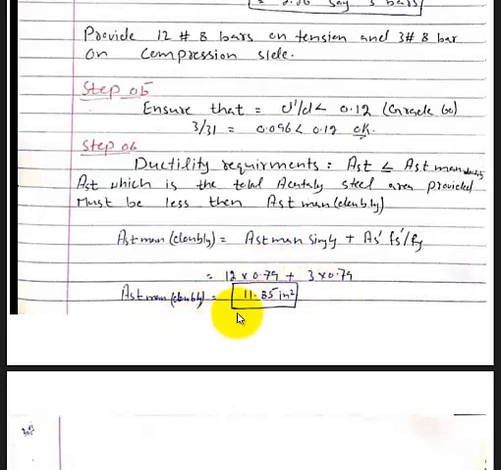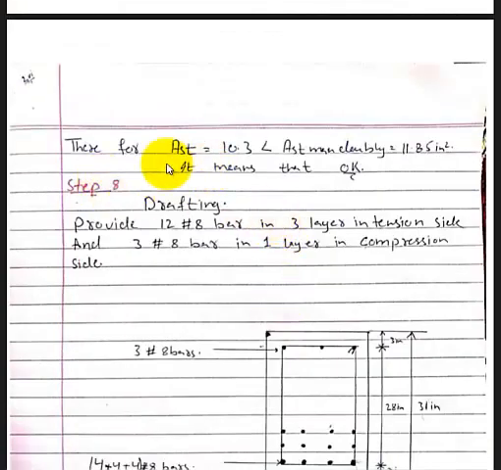So AST maximum doubly is 11.85 inch square. Now, therefore, AST is 10.3 and AST maximum doubly is 11.85. This area is less than this one, which means that our design is okay.